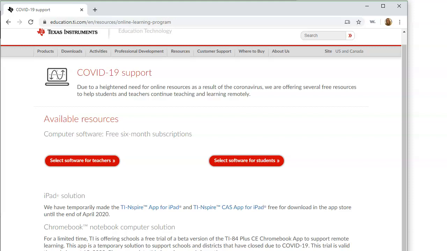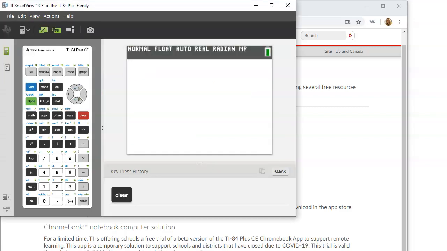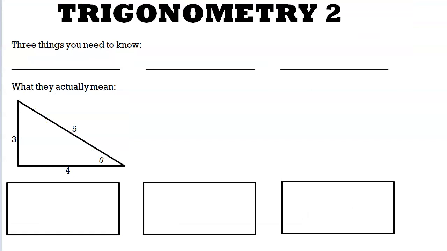Now, if your calculator is not a graphing calculator, but you do have a TI calculator of some kind, that will do everything that we need it to do for the sake of this chapter. I don't want you to go on thinking that you've done something wrong or that you don't have the right calculator. I just want to make sure you have every piece of technology at your disposal that you can use. Okay. All right, so let's get to business here.